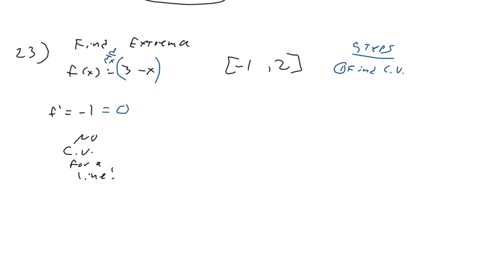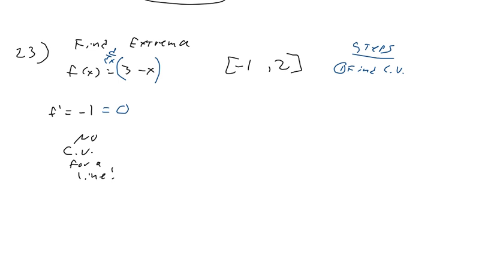There's nowhere where you're going to have the derivative of a line equal to 0, unless your slope of the whole thing is 0, but any line is going to have a derivative that's a constant, some number. There's never going to be a 0. That's okay. No critical values for a line.